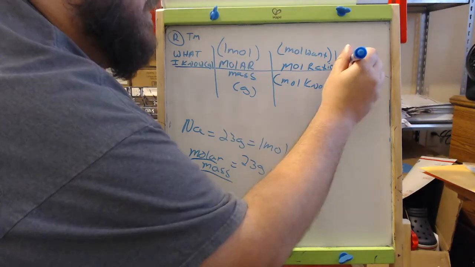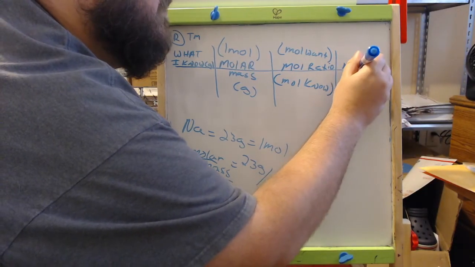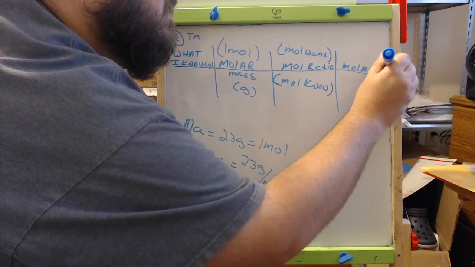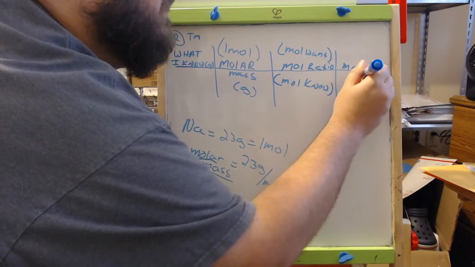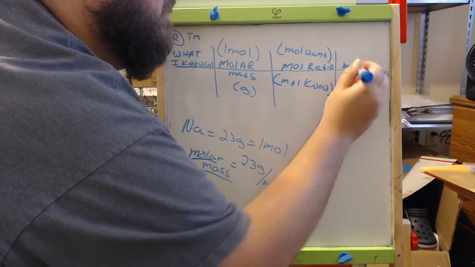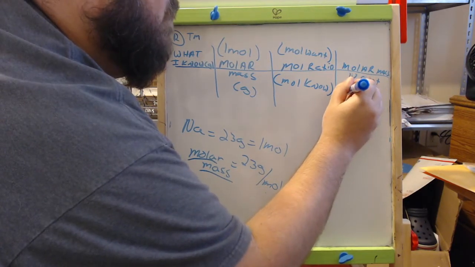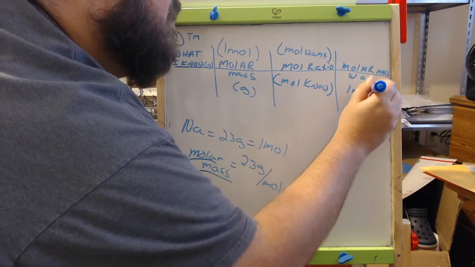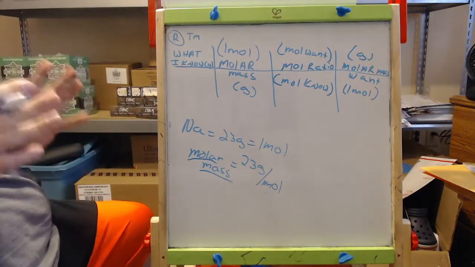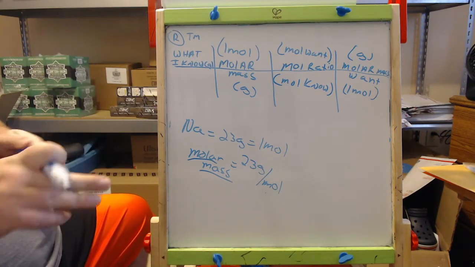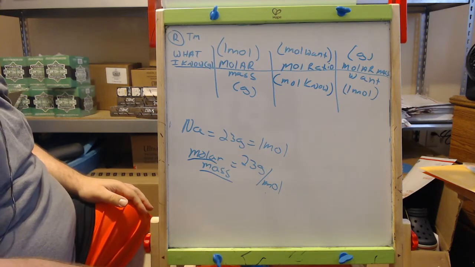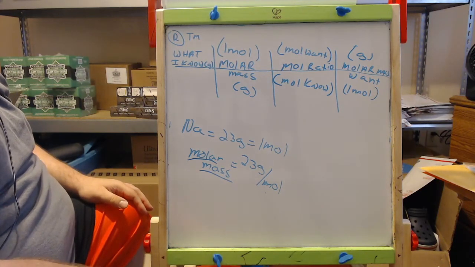Down here and last is the molar mass of what I want. One mole on the bottom always, and the respective grams on top. And if you could follow this map, there's not a problem that you will get wrong as long as you understand how this map works.